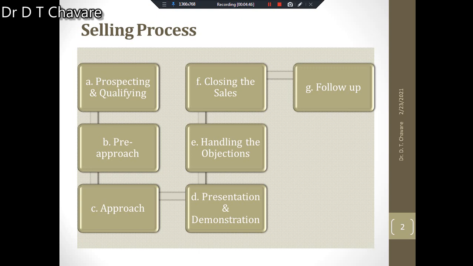Try to understand. Such a formula theory states that successful selling is possible by the use of this AIDAS formula.